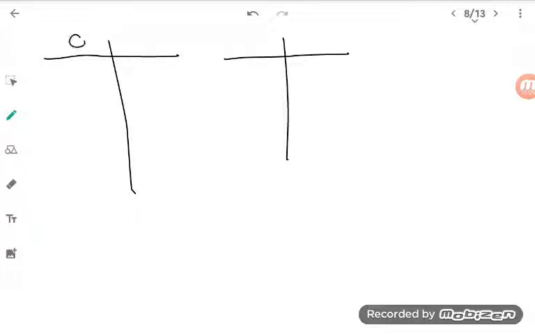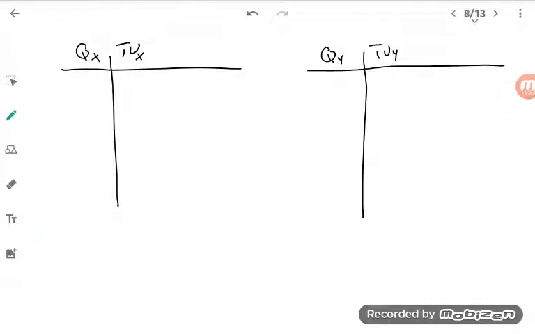In real life, we are not going to consume only one commodity. This means that you are going to consume at least 2 different commodities: quantity and total utility of commodity X, quantity and total utility of commodity Y. Okay, now we would like to consume 2 different commodities.